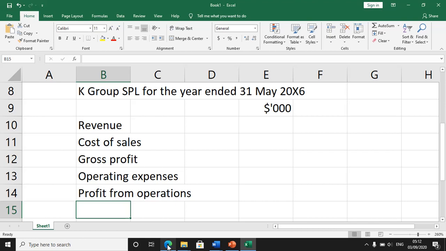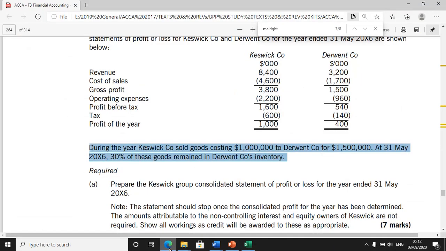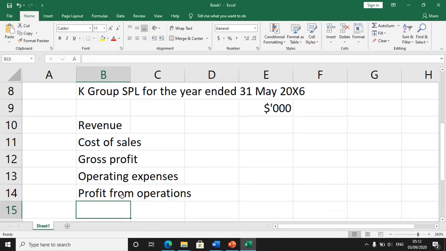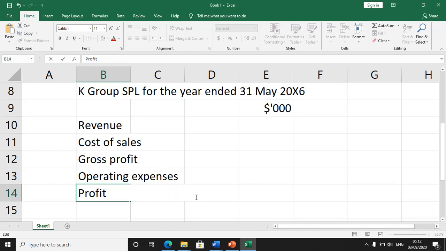Profit from operations is profit before tax because there was no finance cost.